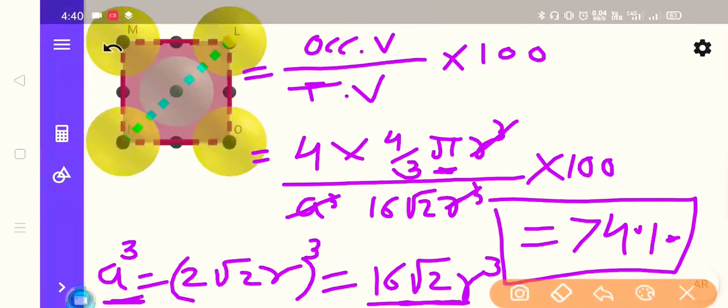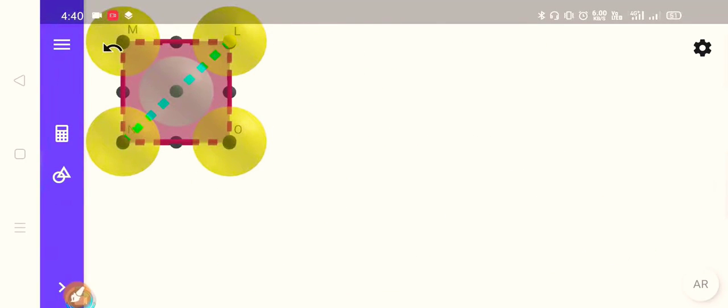The same type of values will be obtained for the HCP unit cell as well. Both have the same packing efficiency. So 74% space is occupied and 26% is empty, that means void. Okay, so this is the packing efficiency of the FCC unit cell, and it is the highest. Now let us move on to the next unit cell.